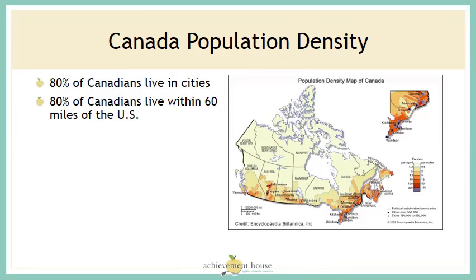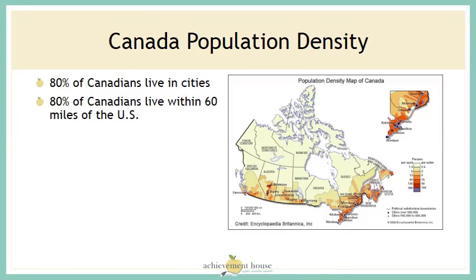Let's look at the population density of Canada. The population density shows us where most of the people in that country live. The map on the right shows us the shading. The darker the shade, the more people that live in that area.